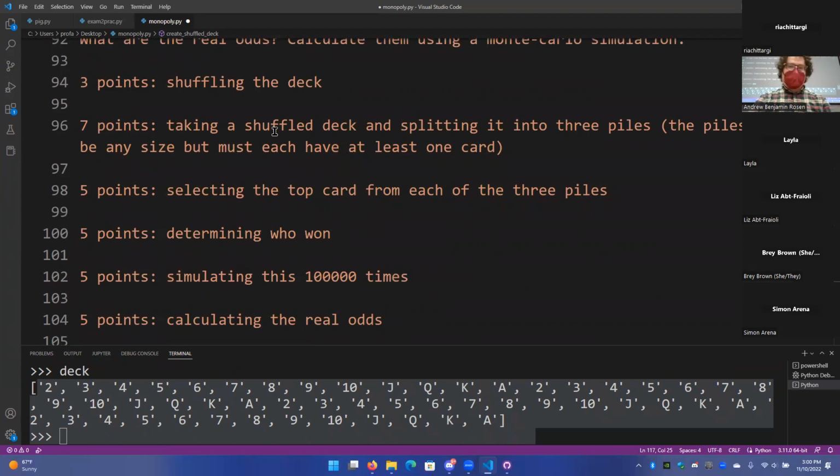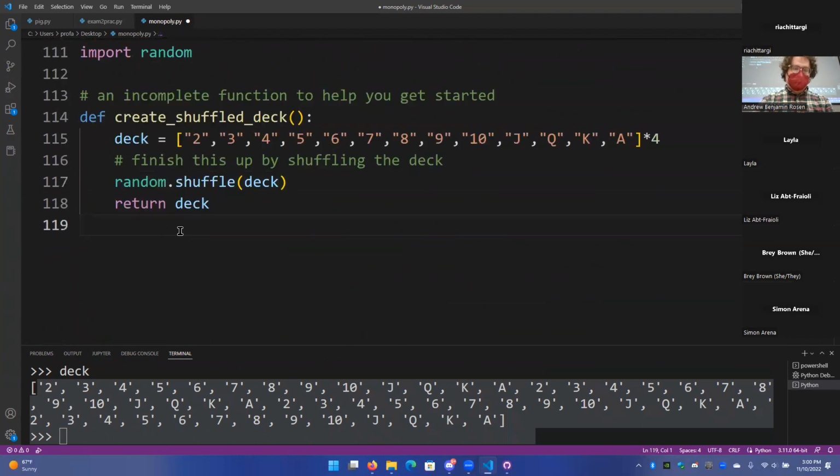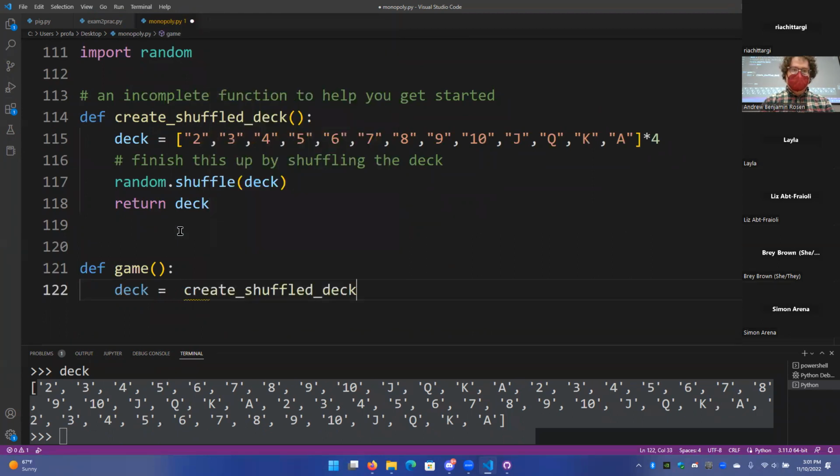Okay. Now we can take the shuffled deck and split it into 3 piles. So let's go ahead and put that in a game function. Def game, deck is equal to create shuffled deck. Okay. And so now we want to split this up into 3 decks, which there's a couple ways to do.